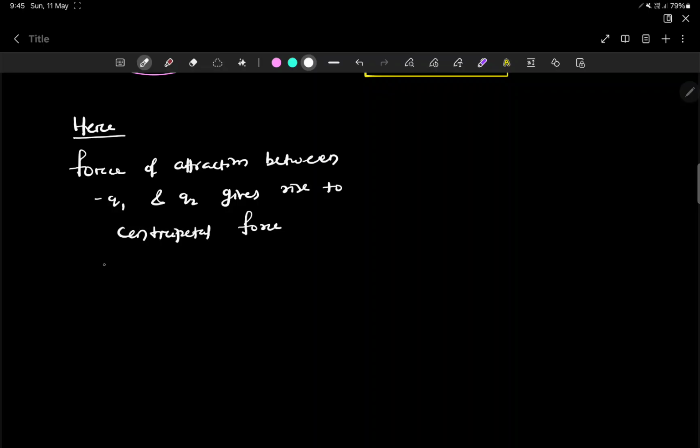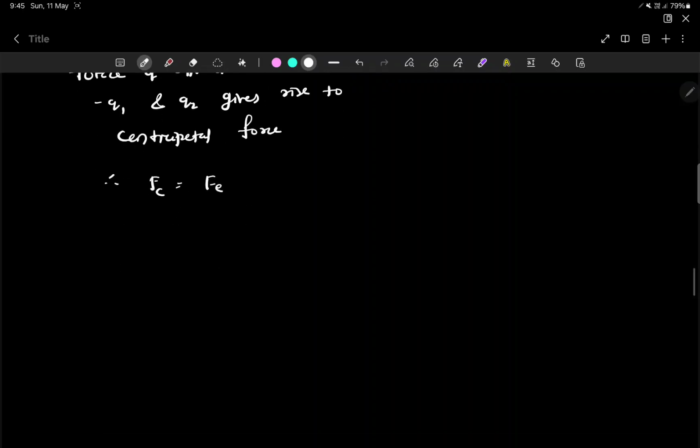That means we write the centripetal force Fc equals Fe. The centripetal force formula is mv² by r. The value of Fe is 1 by 4 pi epsilon naught, magnitude of q1 times magnitude of q2, divided by r square.